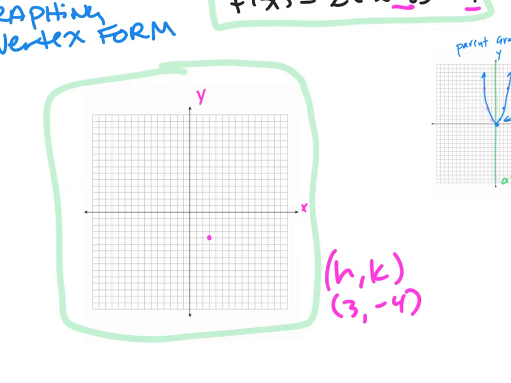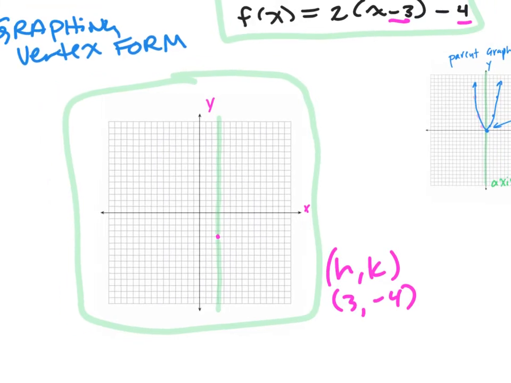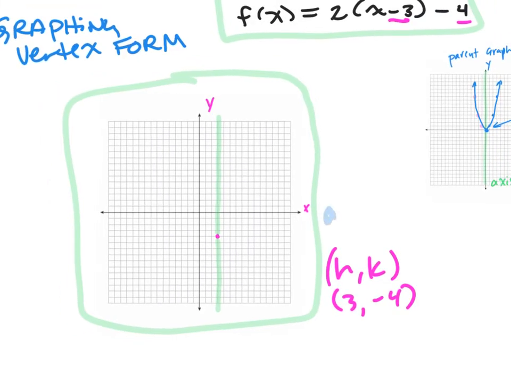So from there, I'm going to start to go up either side. But before I do that, I want to draw my axis of symmetry. So I'm going to do my best. And then my coefficient is 2, so a equals 2. What that means is that normally on my parent graph, the jump from my vertex is 0 to 1.